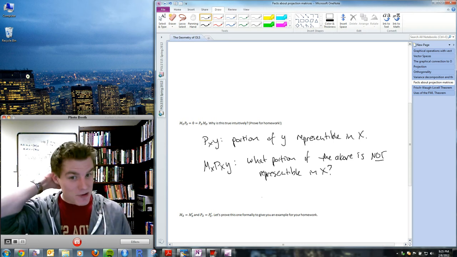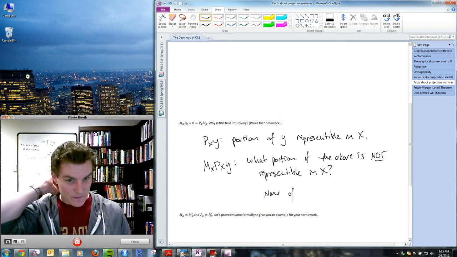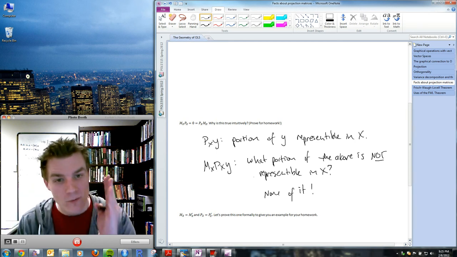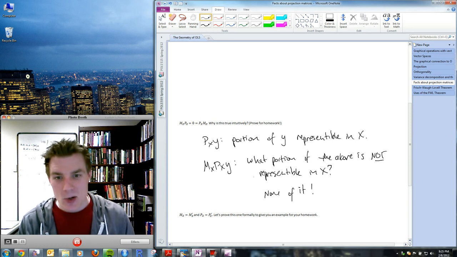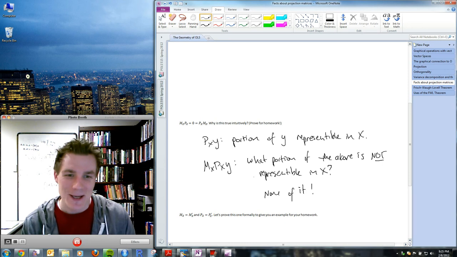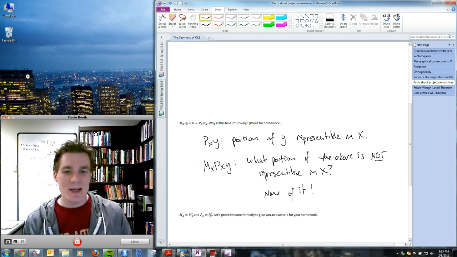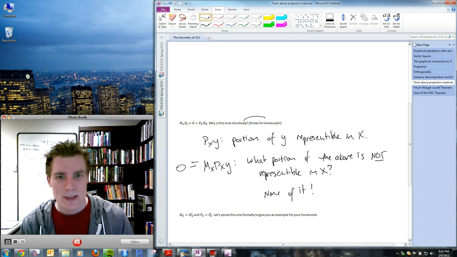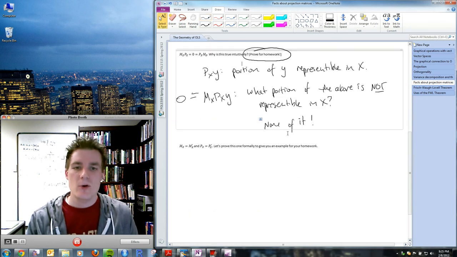Well, the answer has to be none of it, because Pxy is only the part of y representable in x. So none of that part is not representable in x. That's what we made it to be. So MxPxy has to give you back nothing, because you've in essence constructed something that doesn't exist by default. But we're going to prove that fact for homework as well.